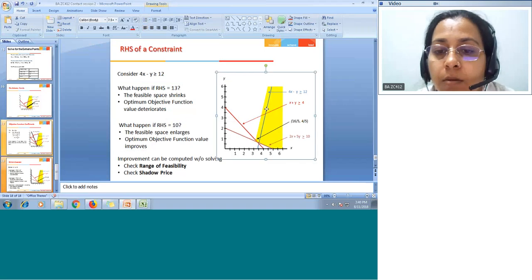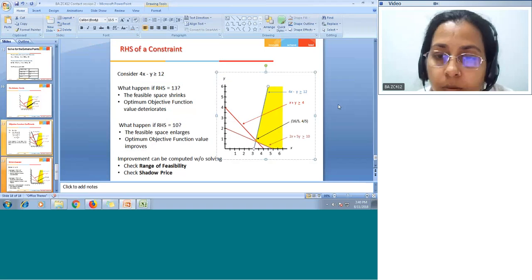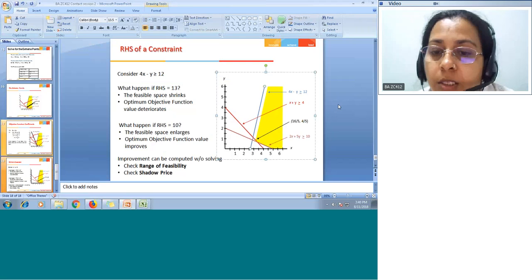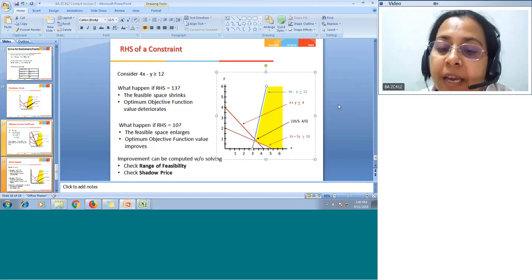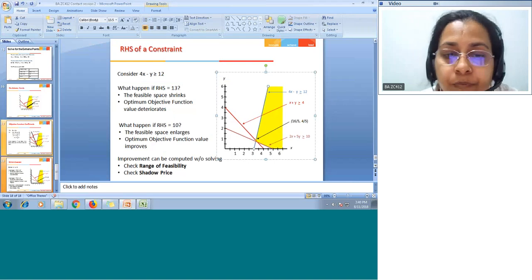If you draw the line again, it will go a little bit this side. If it is going this side, that means your feasible region will be enlarged and that will improve. You are moving towards a lower value, so that means it will improve your solution.